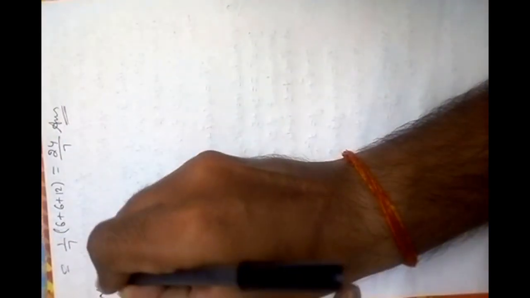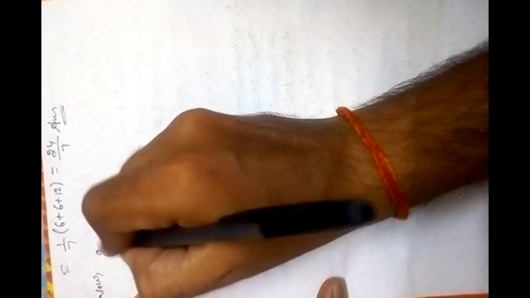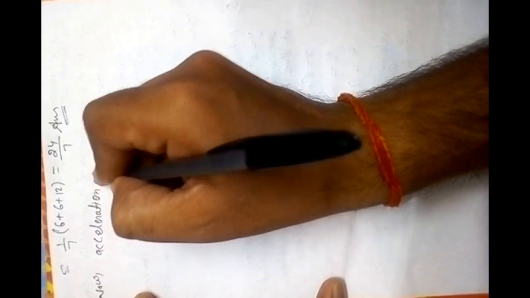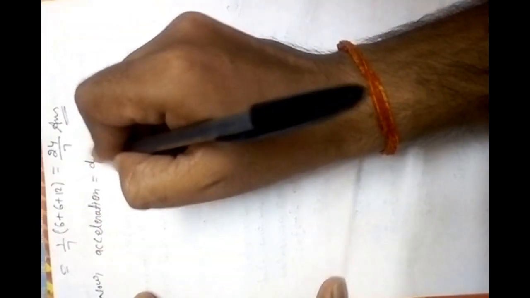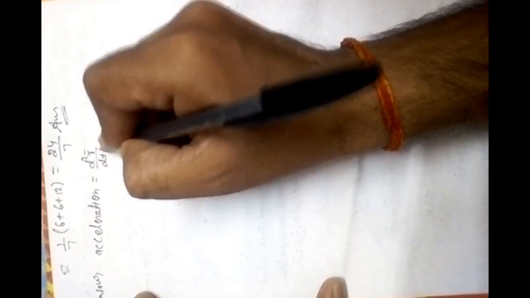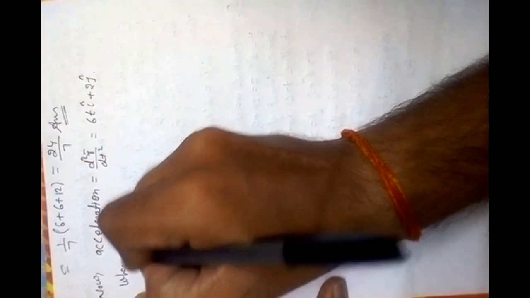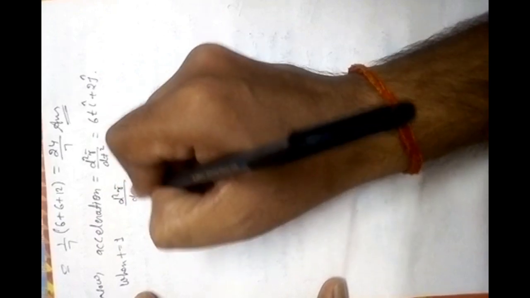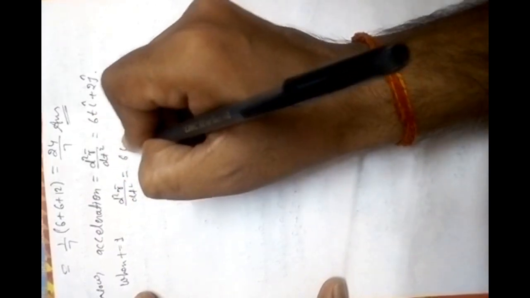Now for acceleration, we double differentiate with respect to t. So 6t i plus 2j. When t is equal to 1, then acceleration is 6i plus 2j.